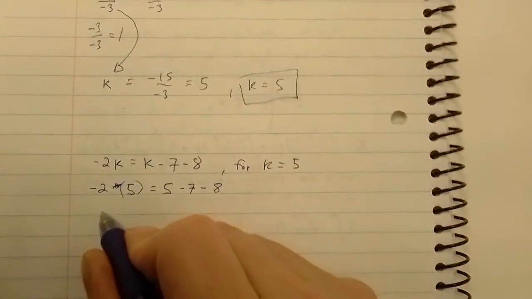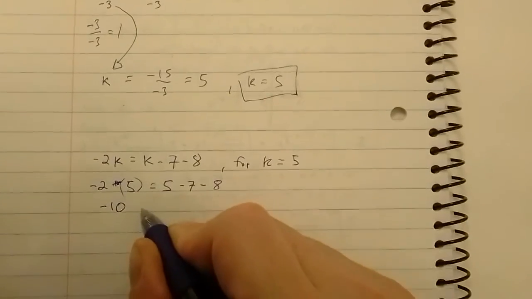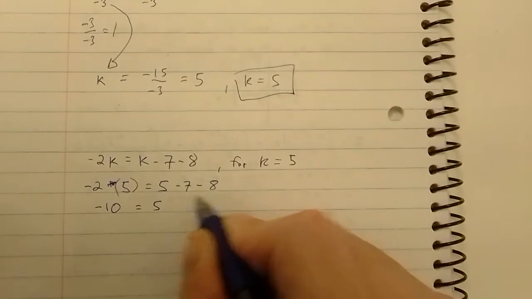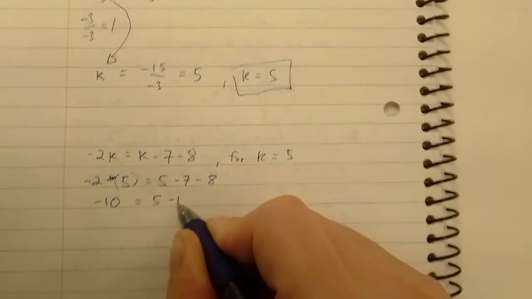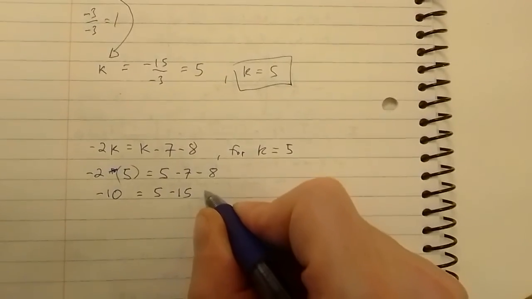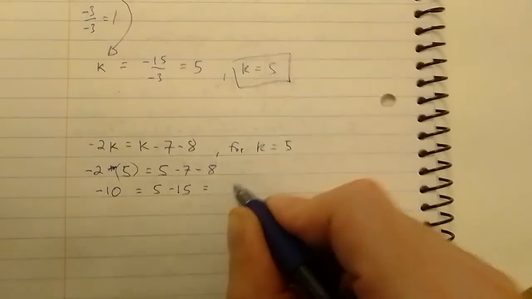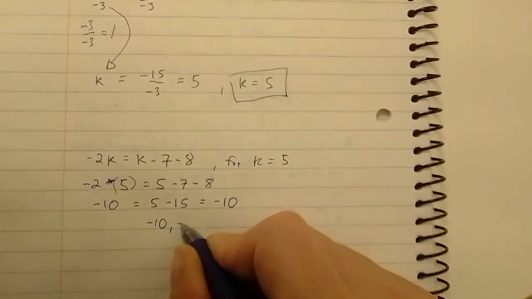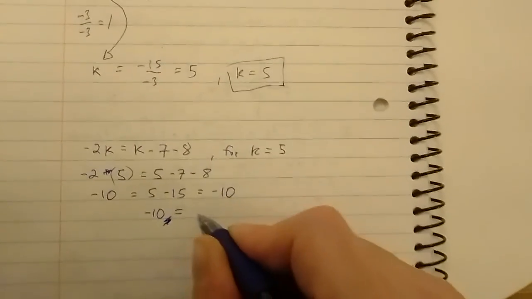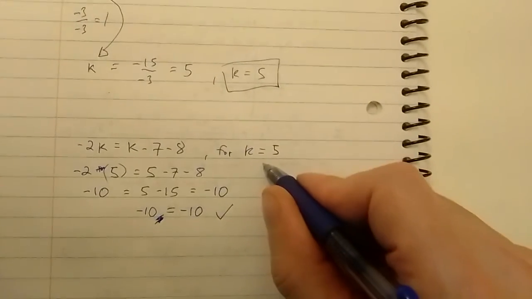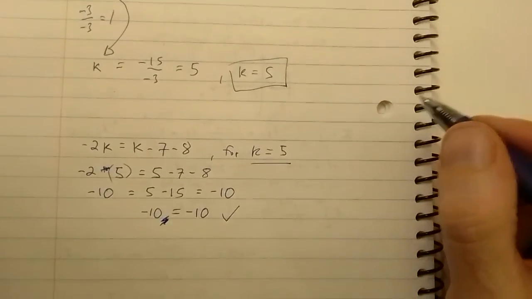Negative 2 times 5 equals negative 10. And then we have 5 minus 7 minus 8. Remember this was minus 15. So 5 minus 15 equals negative 10. So negative 10 equals negative 10. So that's obviously true. So that means that k equals 5 was correct.